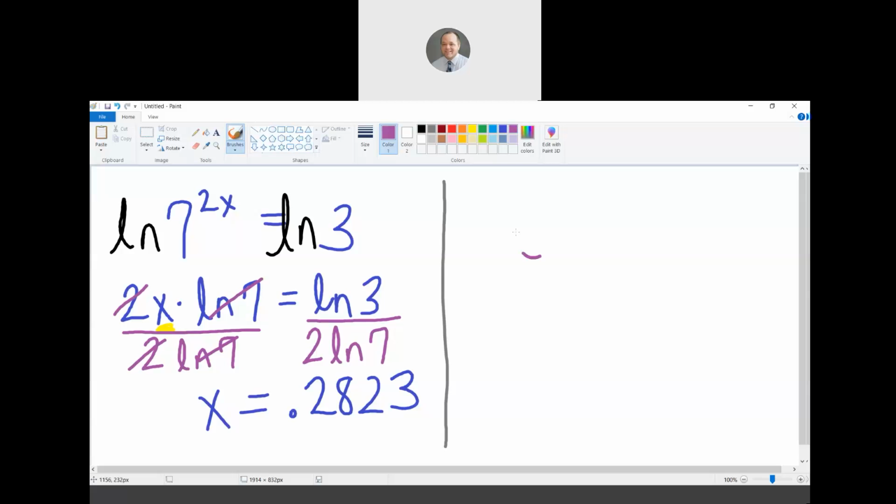We have e raised to the x plus 1 power equal to 8. Again, there's no way that e and 8 will ever be the same base. So what you do is take the natural log, or ln, of both sides.